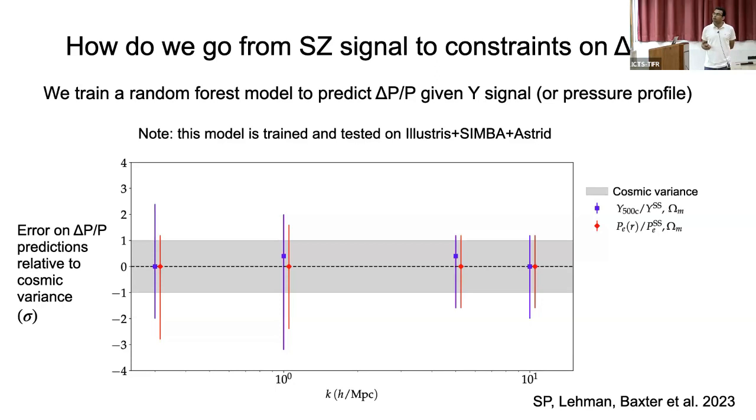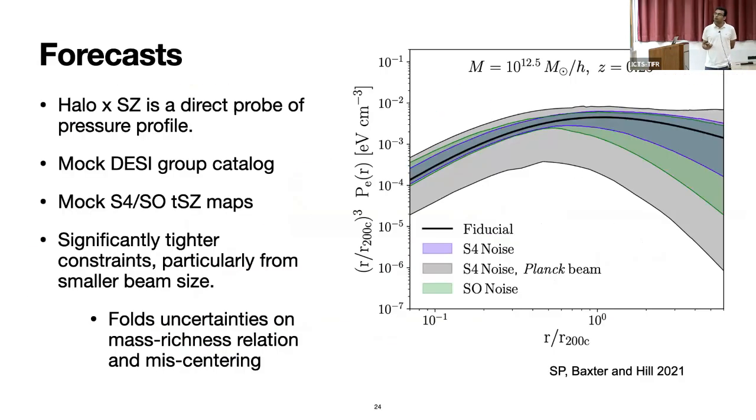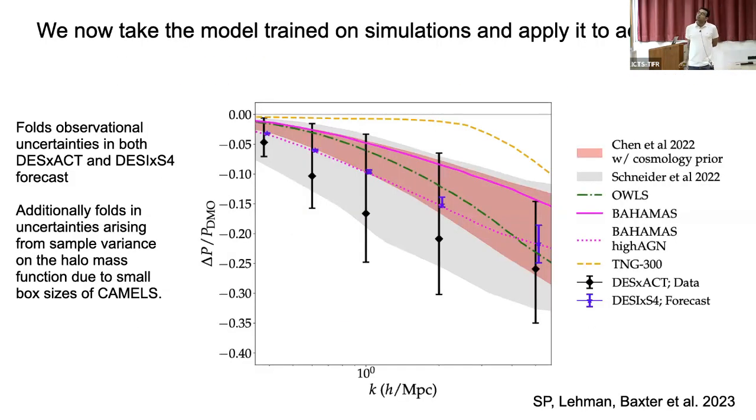So, taking these pressure profile expectations, or the constraints, we try to infer what the Y500 is, take this particular model, and predict what the power suppression looks like. Here are our results. In black, the error bars are the result on the power suppression as a function of scale from the DES cross ACT data, so weak lensing cross SZ data. We compare that to the current existing constraints from Chen et al., which analyzed the small scale weak lensing signal, and Schneider et al., which in addition also analyzed the X-ray and thermal SZ data.